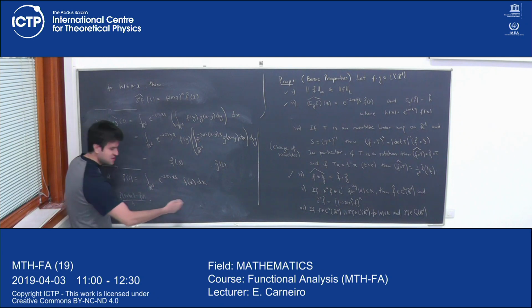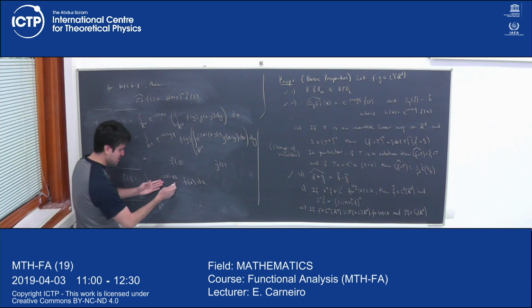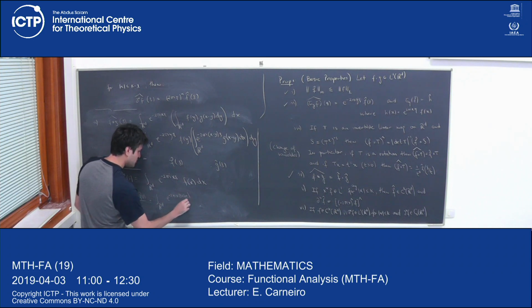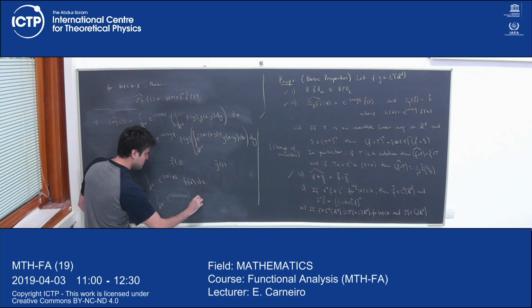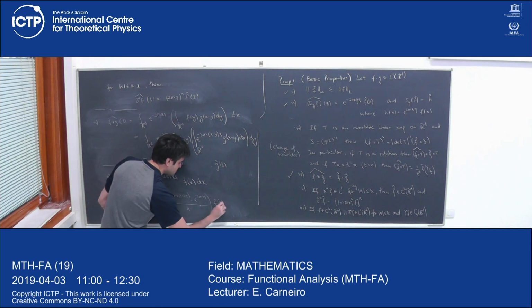Here inside you would do the same. So it's just the integral over Rd. Well, you put this guy here, this guy there. So this will be e to the minus 2 pi i x times ξ plus h e1, minus e to the minus 2 pi i x ξ, this thing over h, and f of x dx.